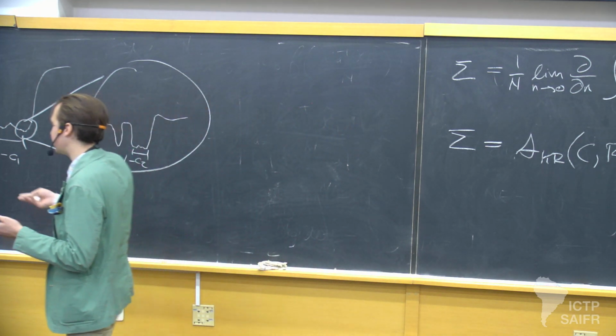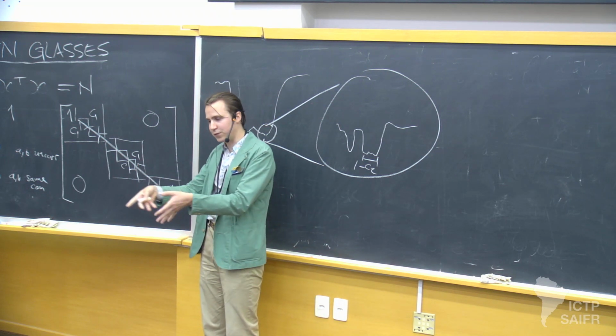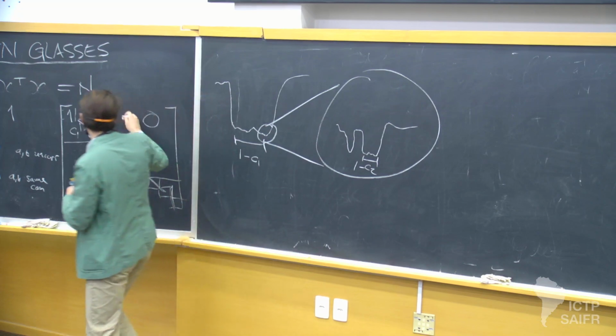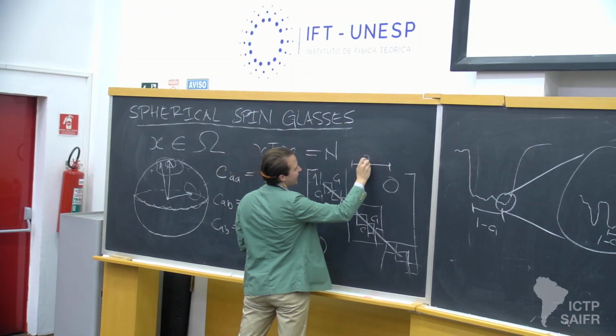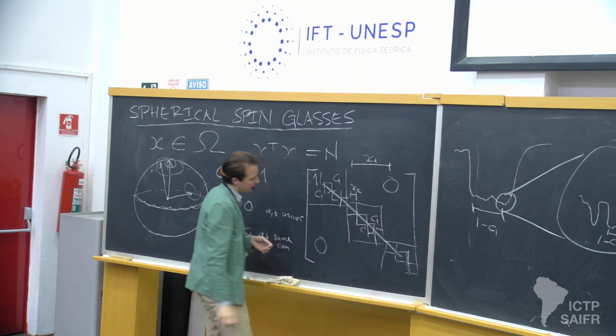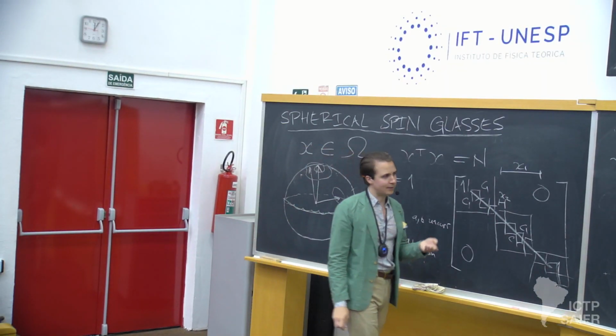They're characterized by 2 numbers per level. This number that characterizes the size of the basin, the typical overlap of things that come from the same basin, and also a second number, which is the so-called Parisi parameter, which is basically the size of the blocks, right? X1, X2. Now, the landscapes that are described by these can have interesting fractal properties.